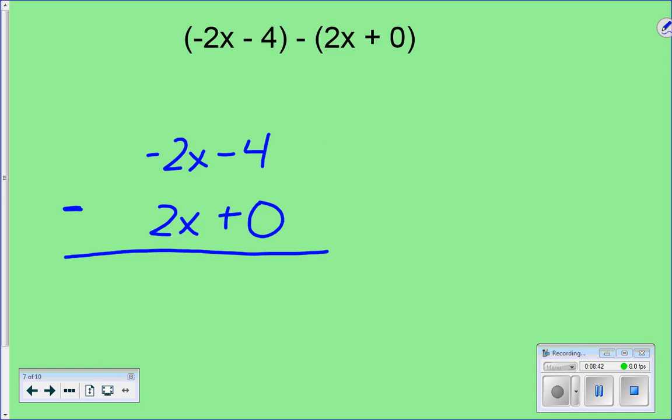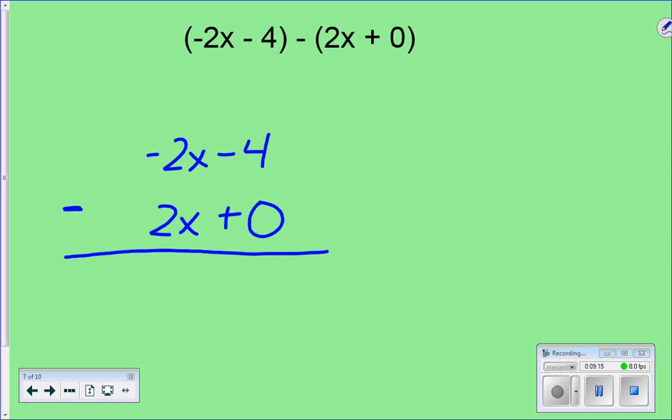But remember, you keep it. There's a lot of 4's in this answer. Is that right? Is there a lot of 4's in this answer?